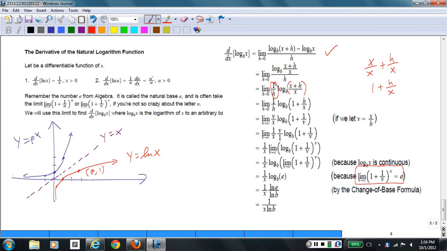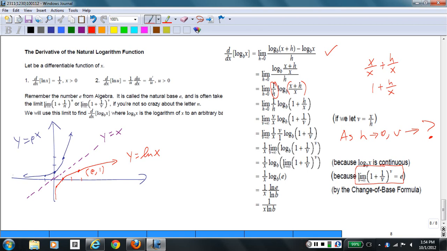So using this substitution, we would have to answer the question: as h approaches 0, where does v go? Well, I suppose we have to clarify, is h approaching 0 from the right, or is h approaching 0 from the left?